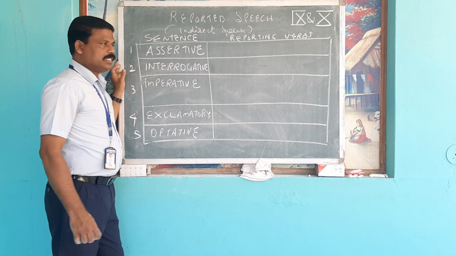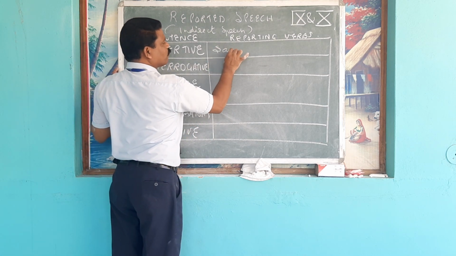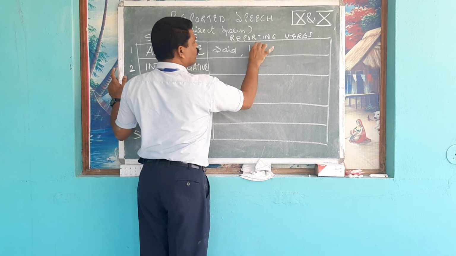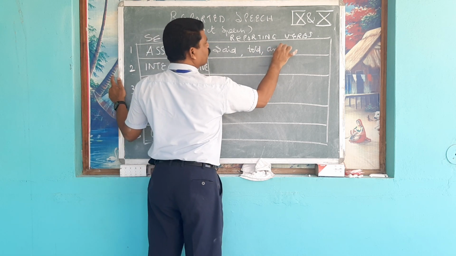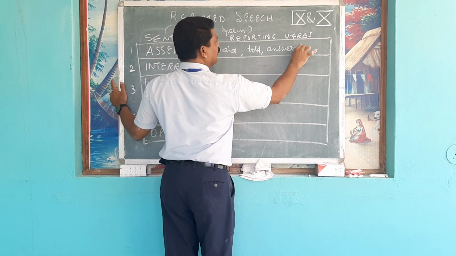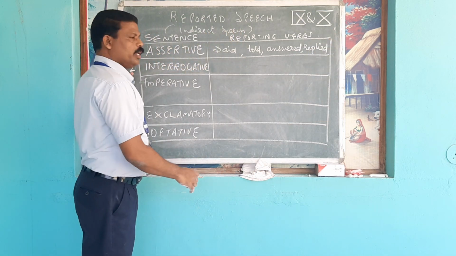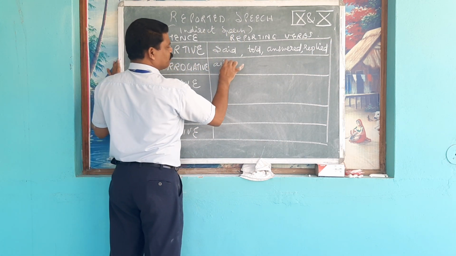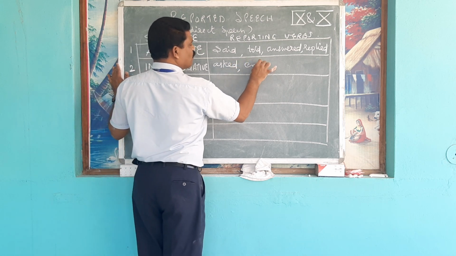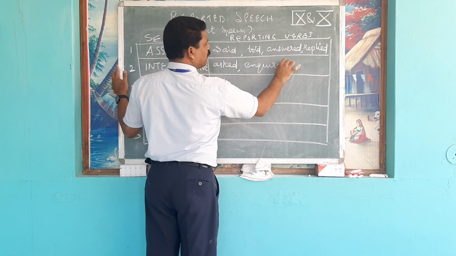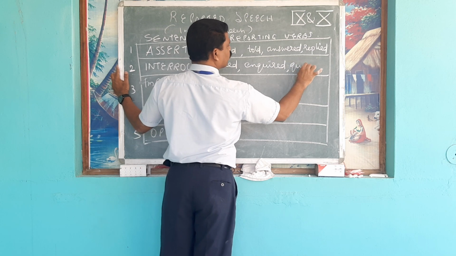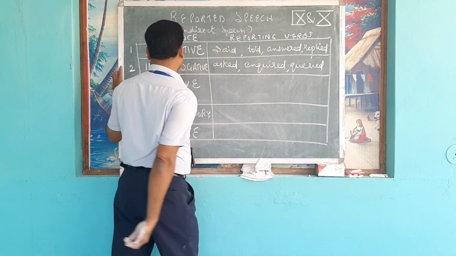Assertive sentence. The reporting verbs are said, told, answered, and replied. Interrogative sentence: asked, inquired, queried.